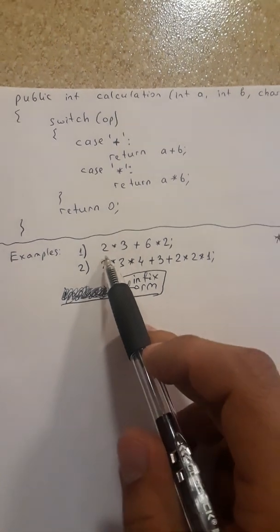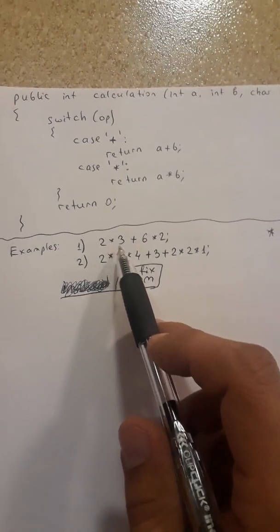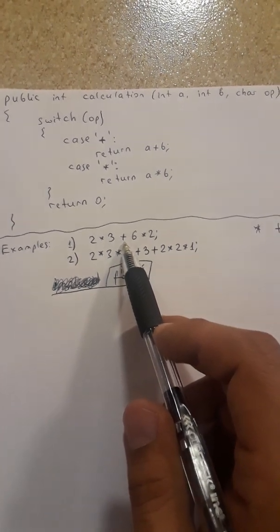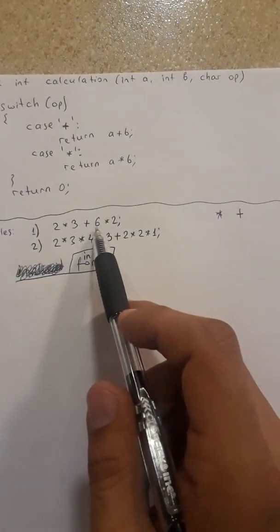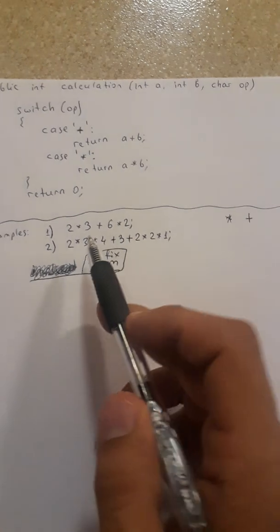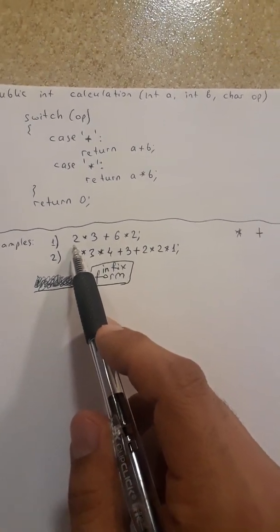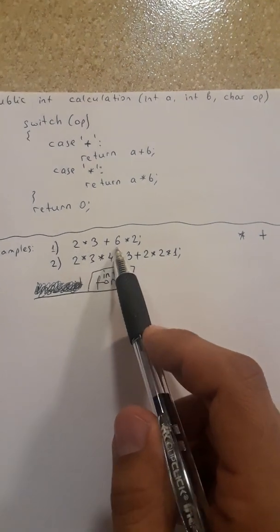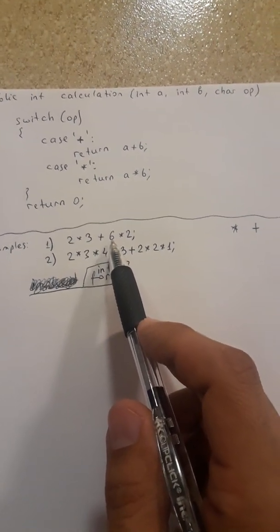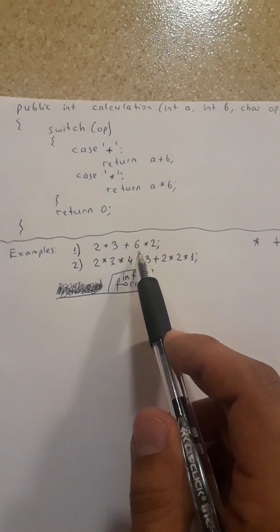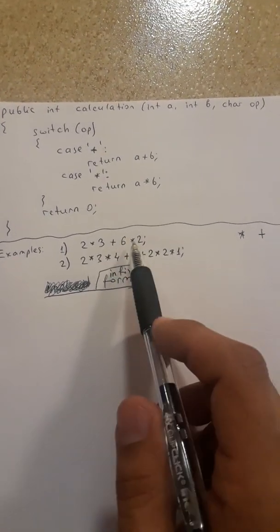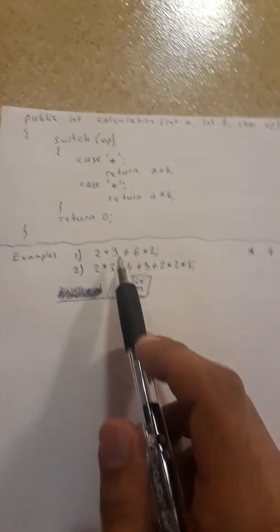In the first example, we're multiplying two numbers, then we'll have an add operator, then again we're multiplying two numbers. So here, according to precedence, we have to multiply 2 by 3. After that, we have to multiply 6 by 2, and just after that we have to sum up the results of the multiplication.